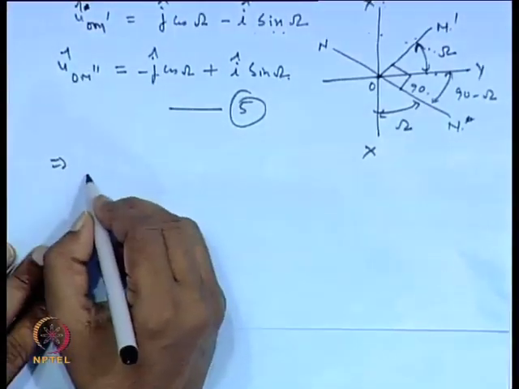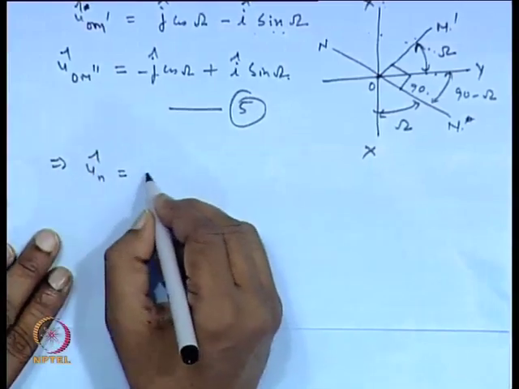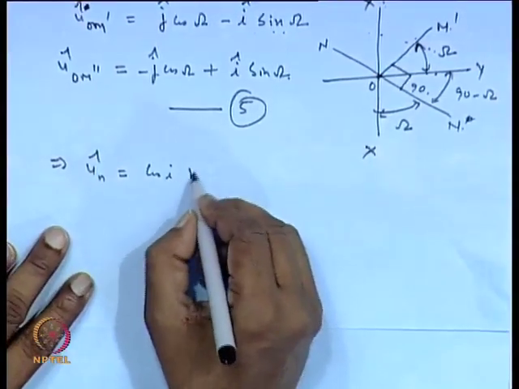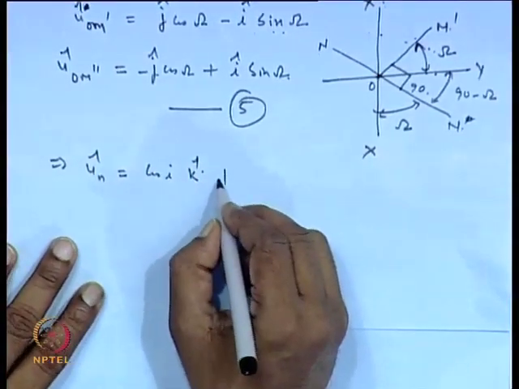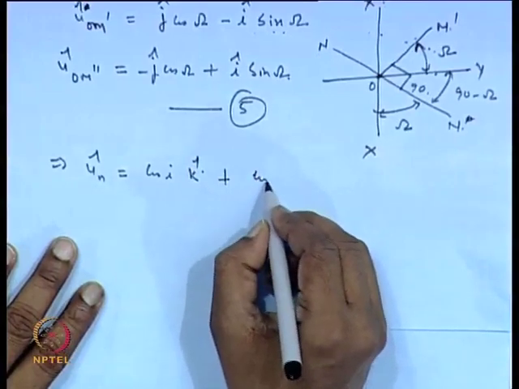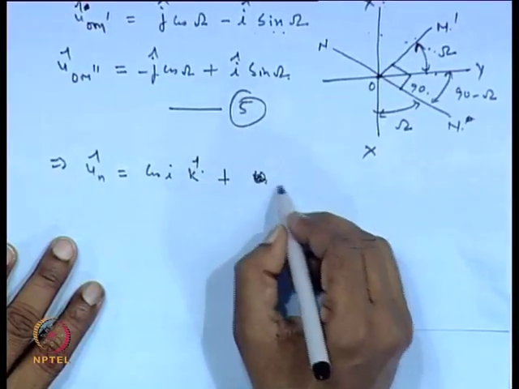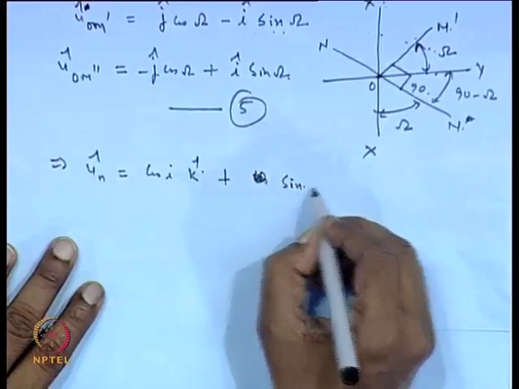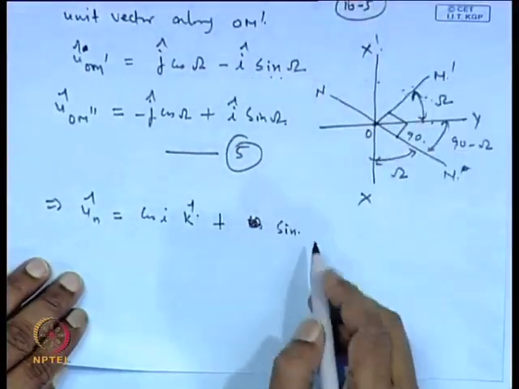So, this implies U n cap will be cos I k plus sin I. We need to replace U OM double prime.